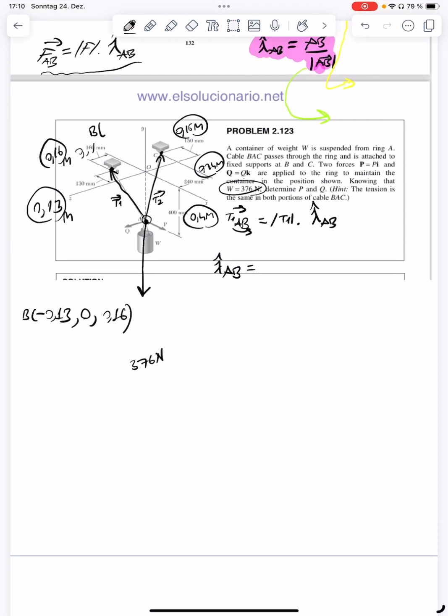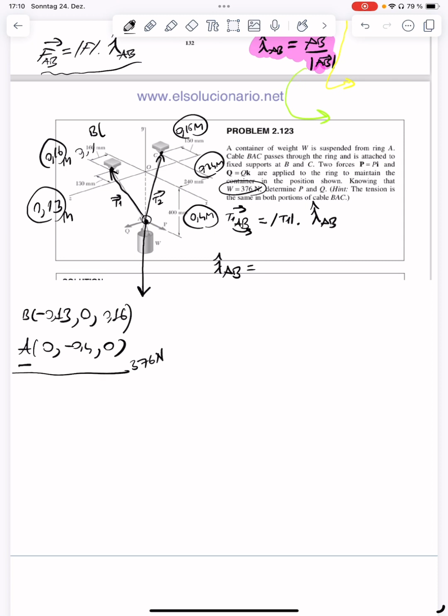It is the point A. It has no components in the x-axis and z-axis, so we can write just the y-axis. Here we can see 0.4, but actually I was wrong. Okay, we can write like this.